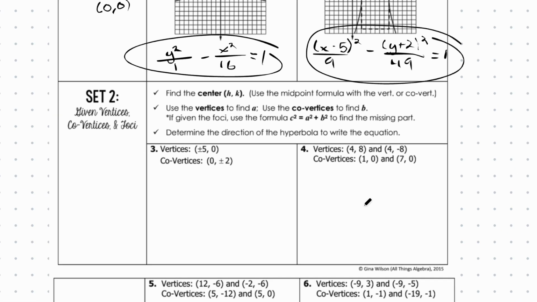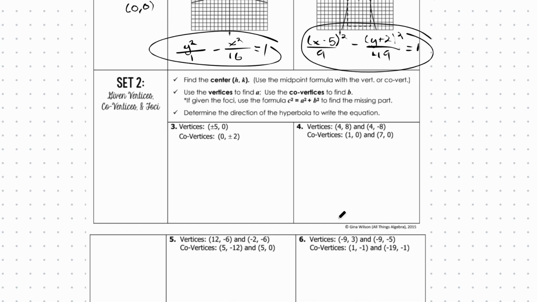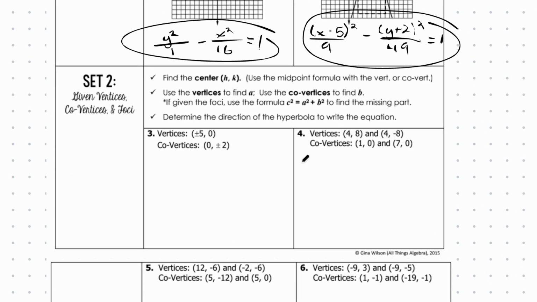And so now what we essentially want to do is get practice with creating equations when we're given certain aspects of our hyperbola, when we're given our vertices and co-vertices, or our foci. So we're just going to jump around with these.